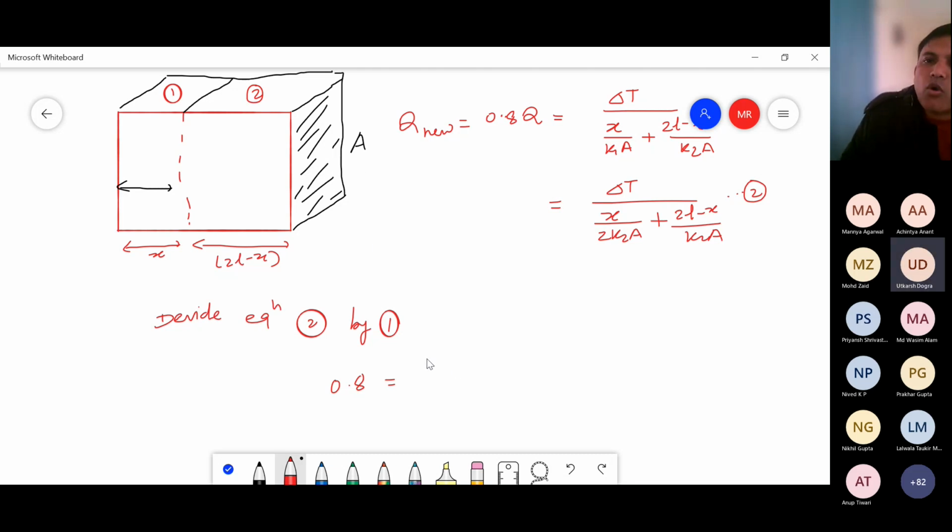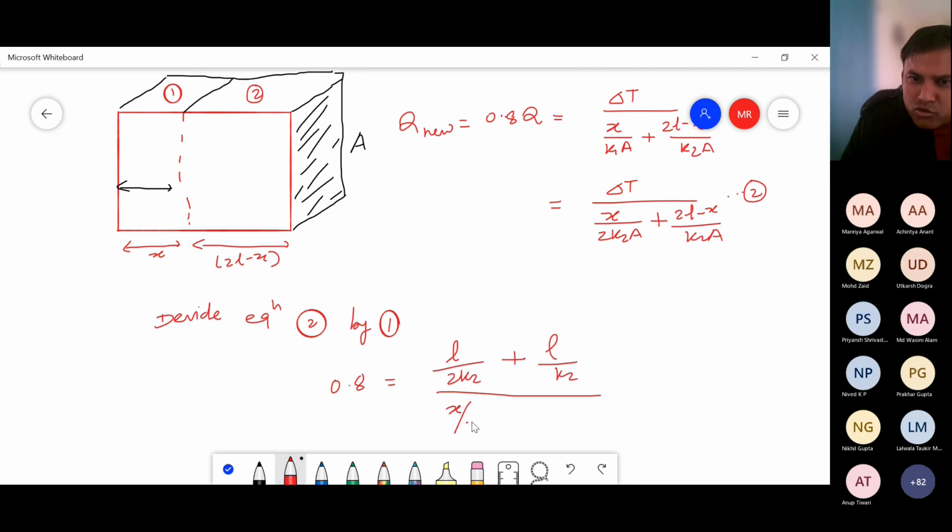In that case, what we will be left with is L by 2K2 divided by X by 2K2 plus (2L minus X) by K2.